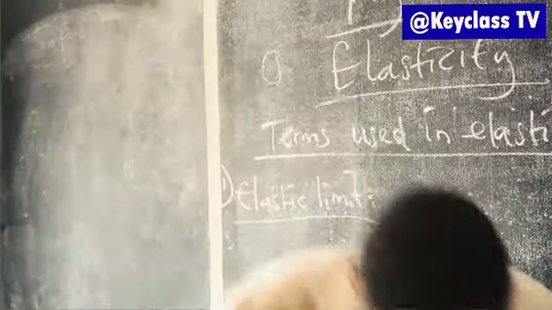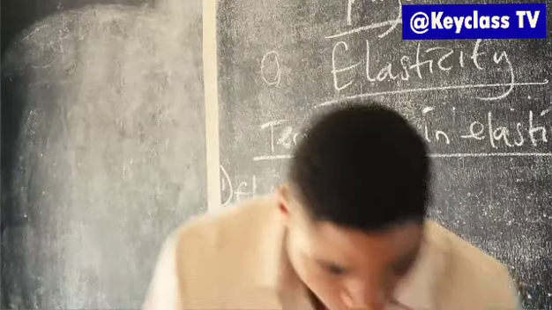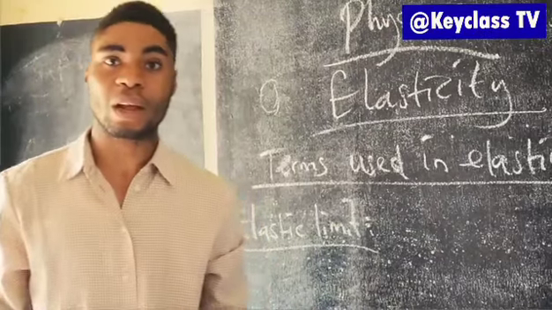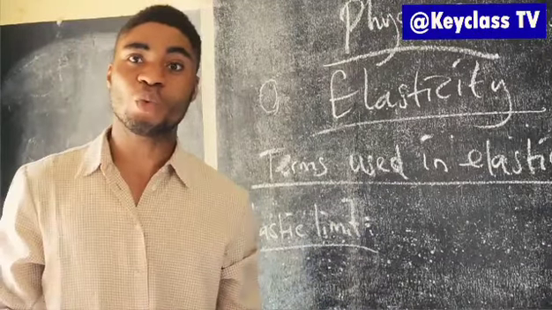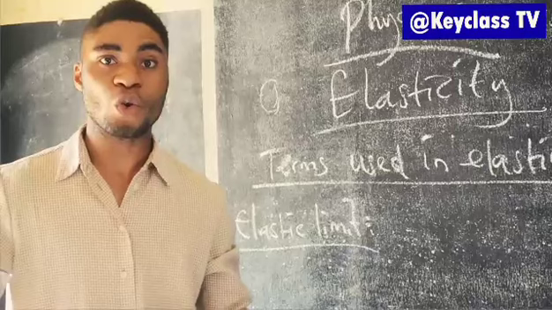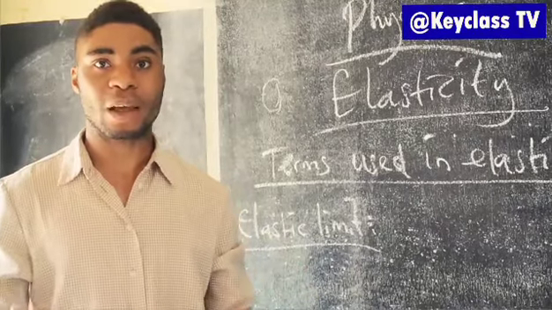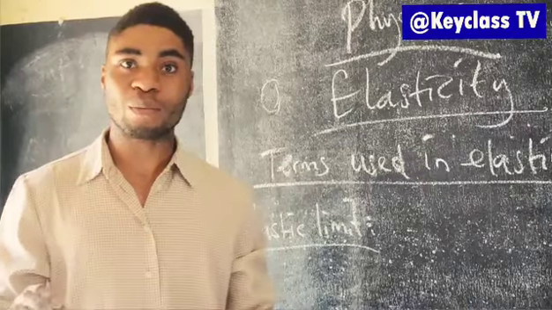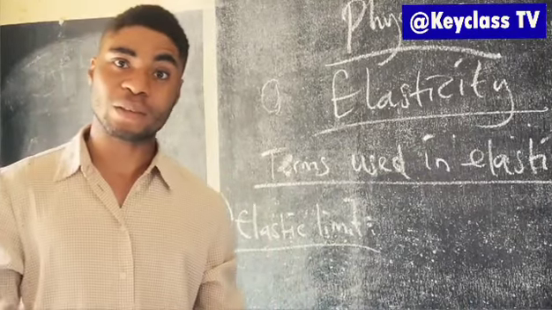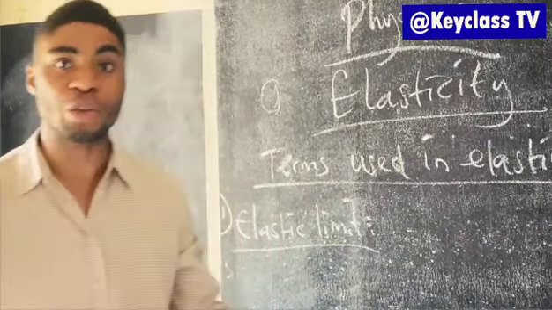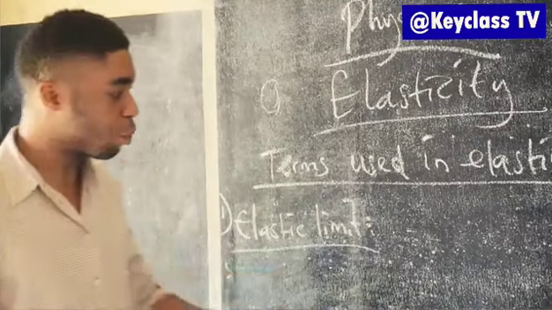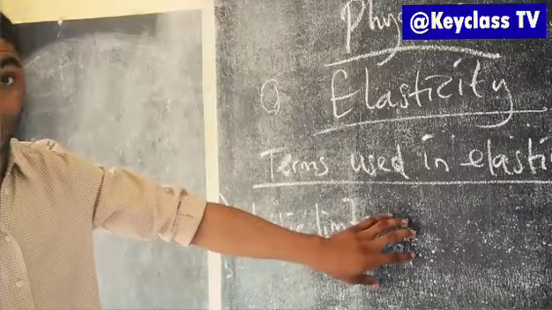We say elastic limit is a limit that an elastic material will reach and no longer pass that point. The elasticity in the material will reach it and will no longer pass. That's the point we call the elastic limit.